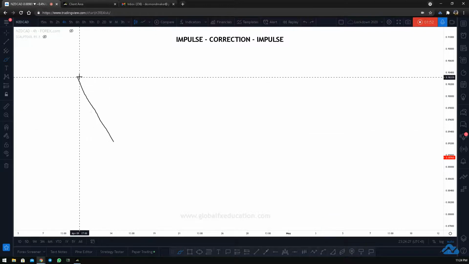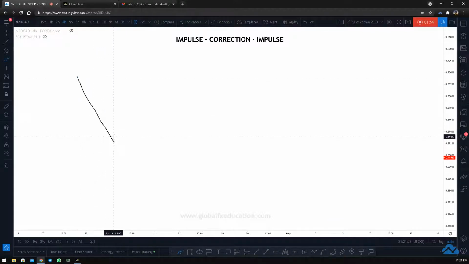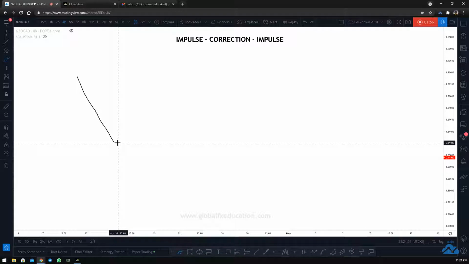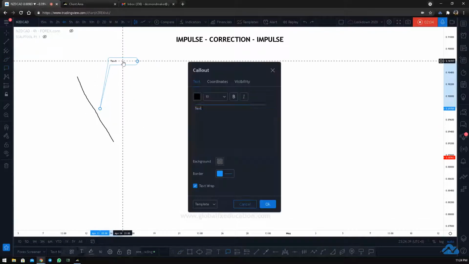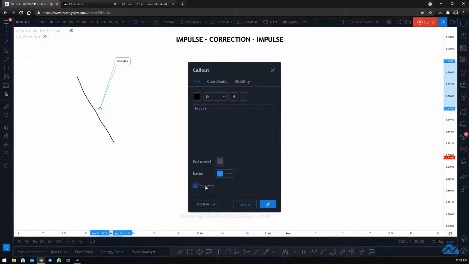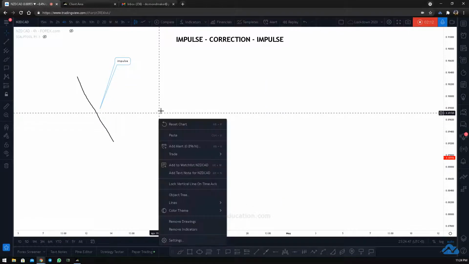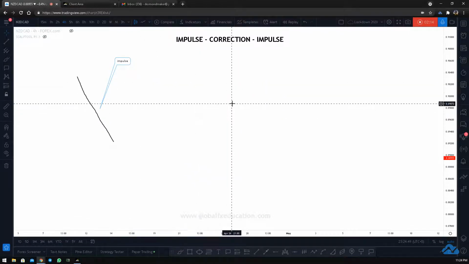So if the market makes a nice strong movement to the downside, we call this an impulse. Let me mark it for you, so that you have a better understanding of what an impulse is. Okay, so we have an impulse.